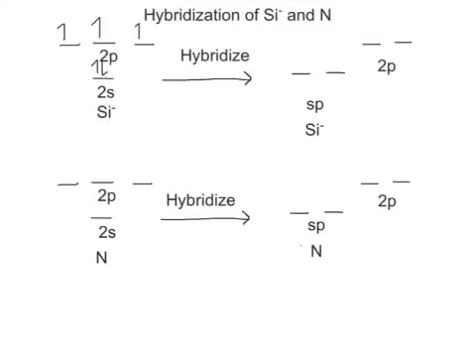And the reason for that is that we want 2 electrons left in the p orbital unhybridized, so that they can participate in the pi bonds that we're going to have when we triple bond the silicon to the nitrogen. So we need 2 pi bonds, and that's why we're leaving 2 electrons in the p orbital.